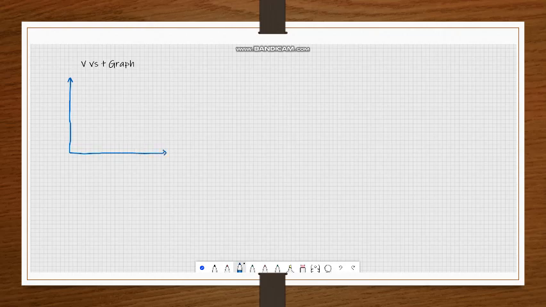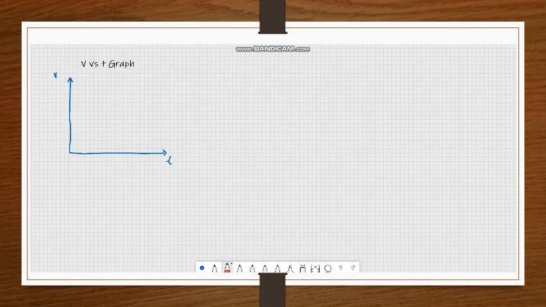So let's think we have a time versus velocity graph, and let's say we have this kind of motion, the velocity curve we have.